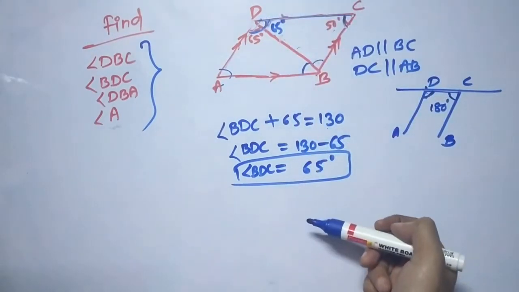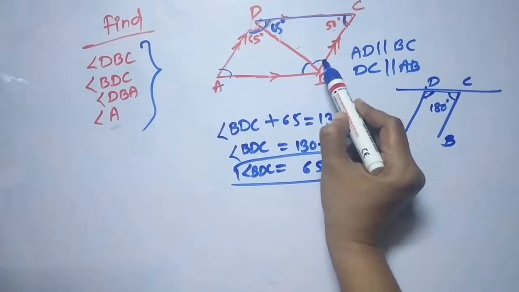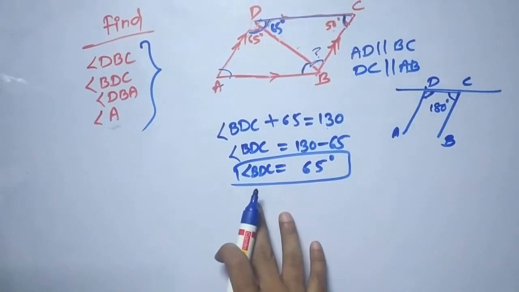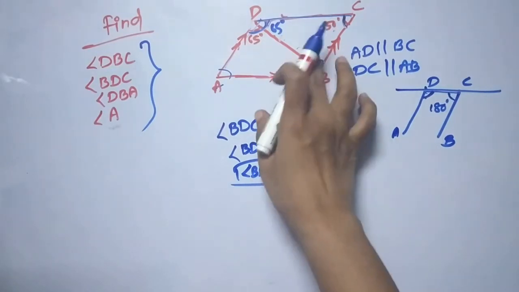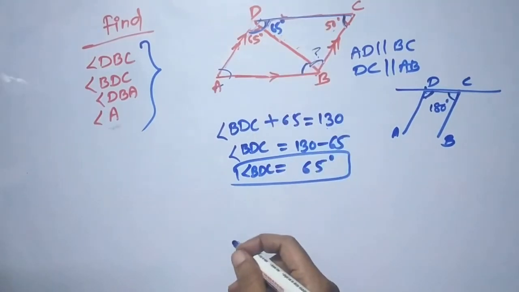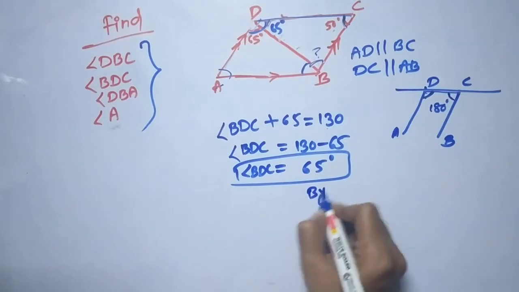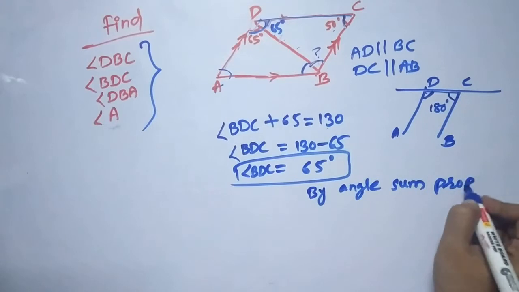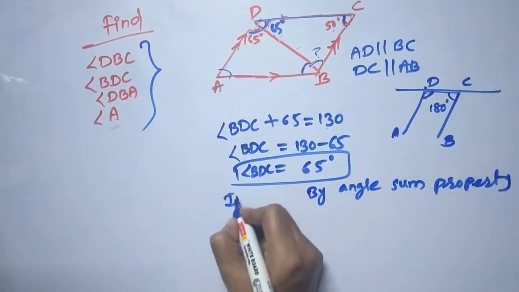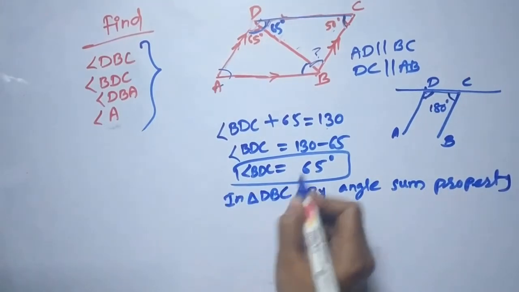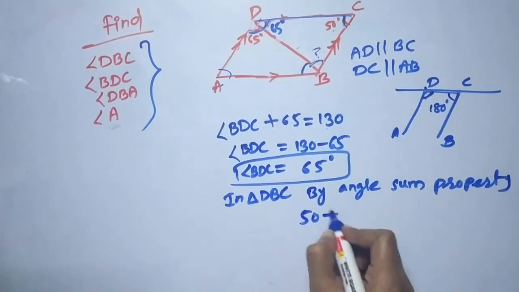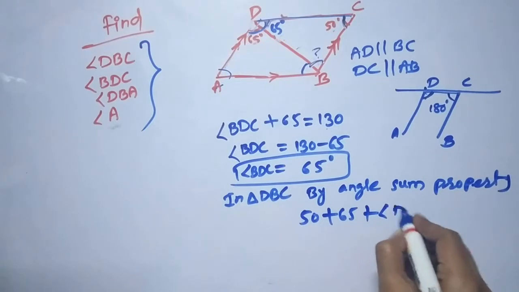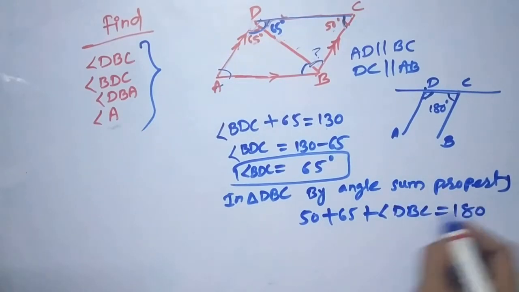And friends, again by using the angle sum property, I can get this complete angle. In this triangle you can use the angle sum property. So by using the angle sum property in triangle DBC, I can find angle DBC. 50 plus 65 plus this unknown angle DBC is equal to 180.